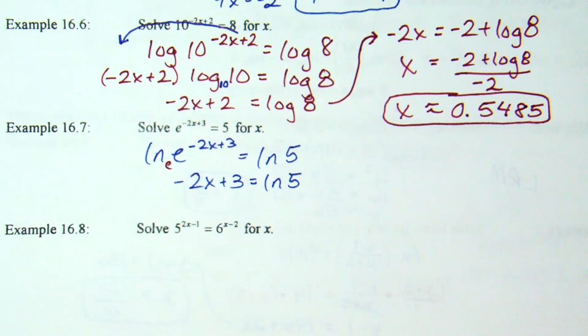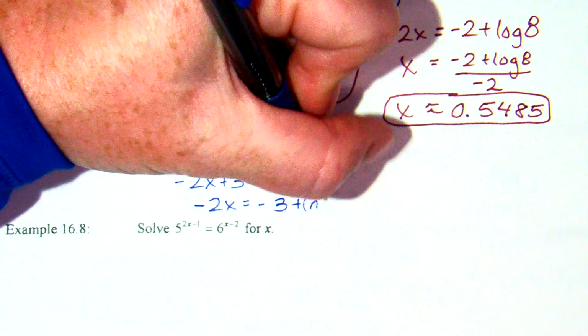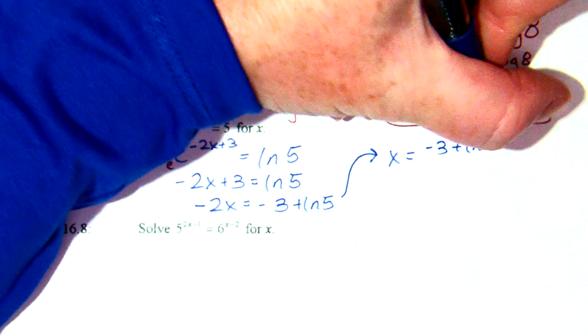To solve for x, we're going to subtract 3 and divide by -2. So -3 plus natural log of 5, and then -3 plus natural log of 5, all divided by -2.